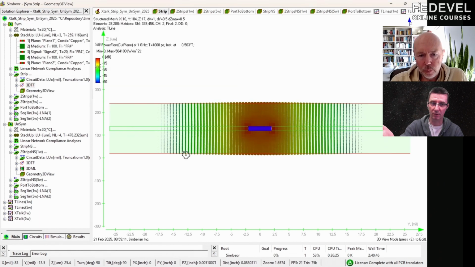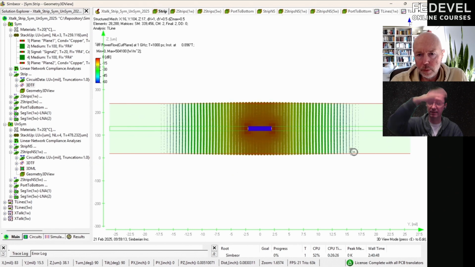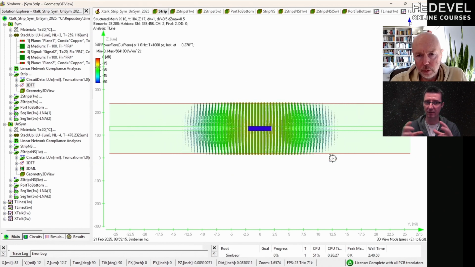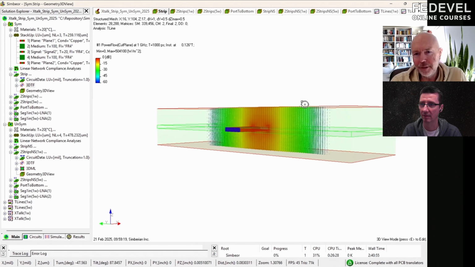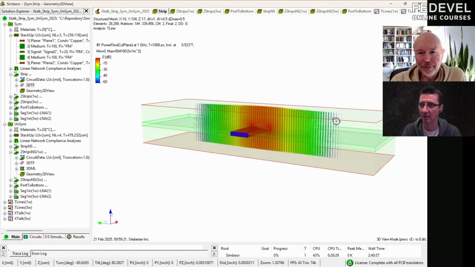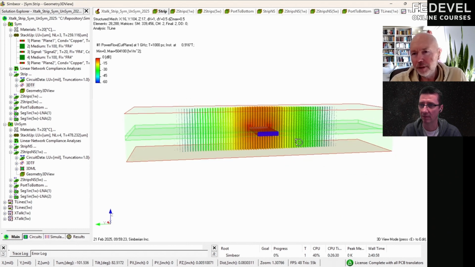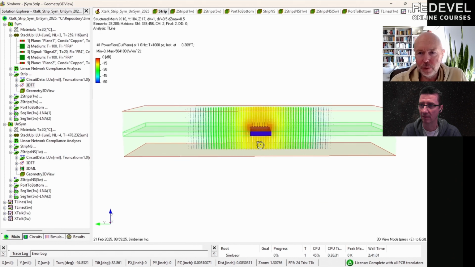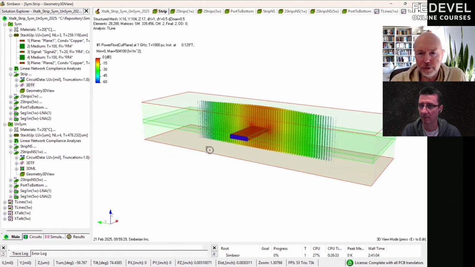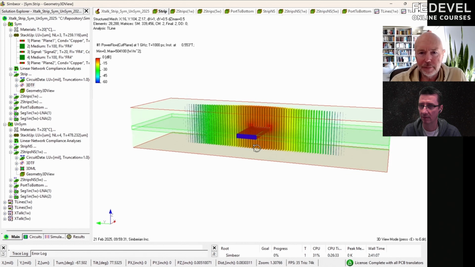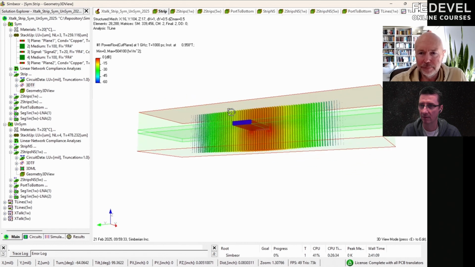This is very cool because you can see the signals don't spread everywhere. They just stay inside of the board. In case of symmetric, it's much more localized. The localization property of the signal is much better.